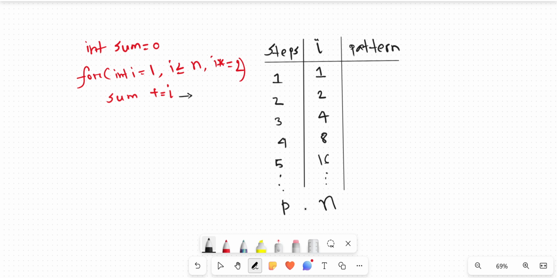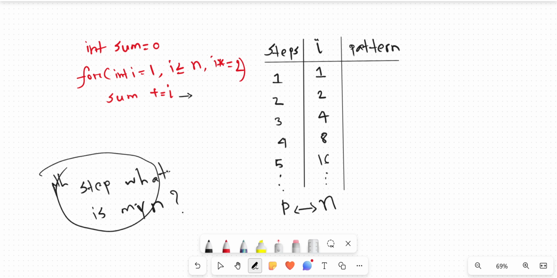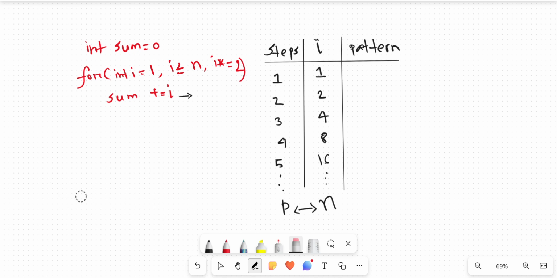So I want to establish a relation between p and n, which is, at the pth step, what is my n? I want to find out this relation. This relation is a simple pattern.